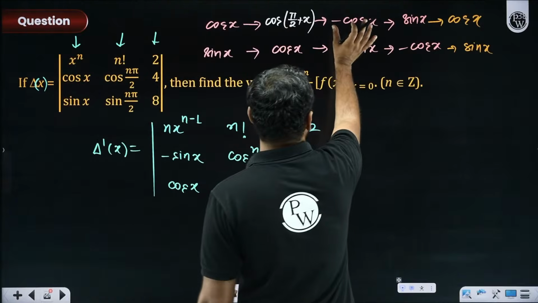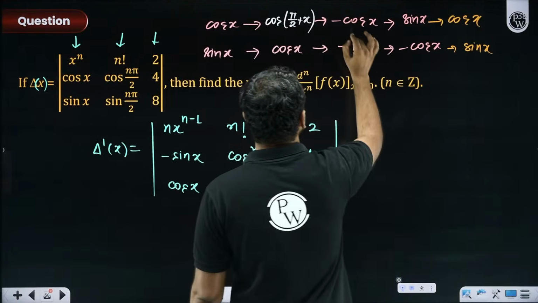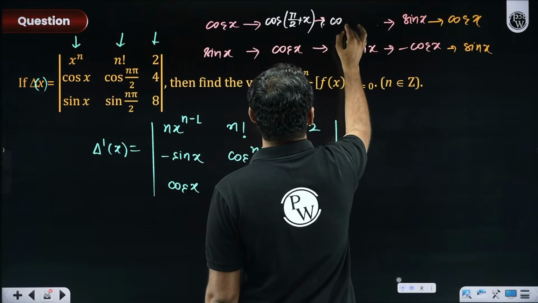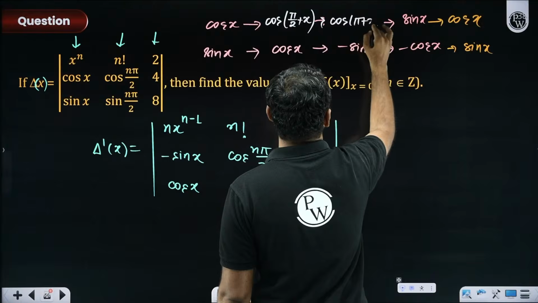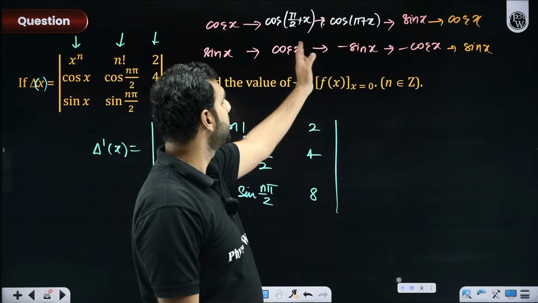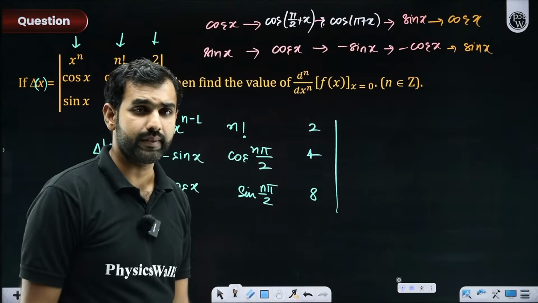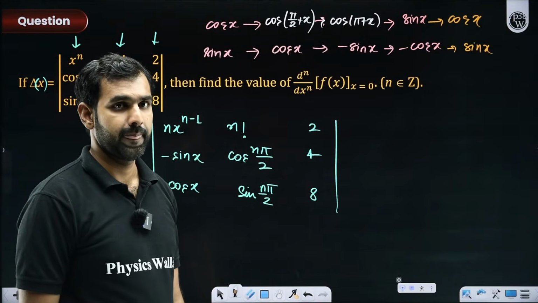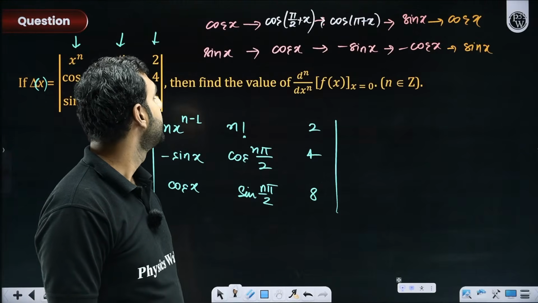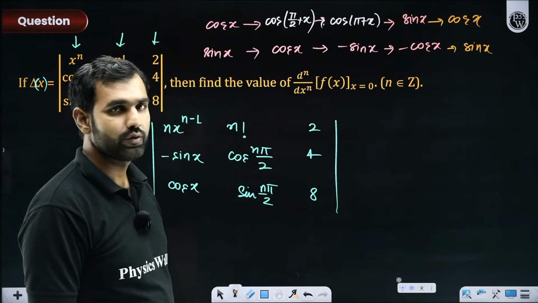This is minus cos x. Can I write minus cos x as cos of pi plus x? Pi plus x will push it into the third quadrant, and then minus cos x. Getting it or not, everyone? I hope no confusion on whatever I've done so far.